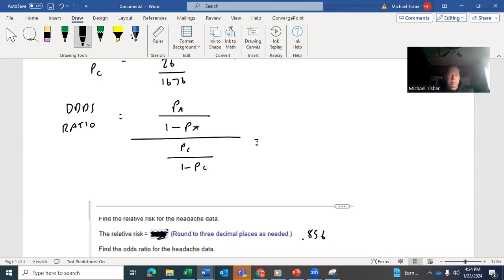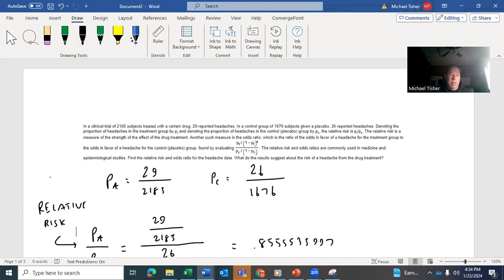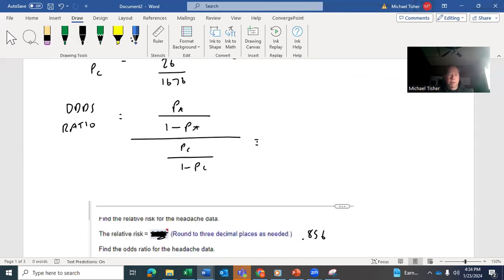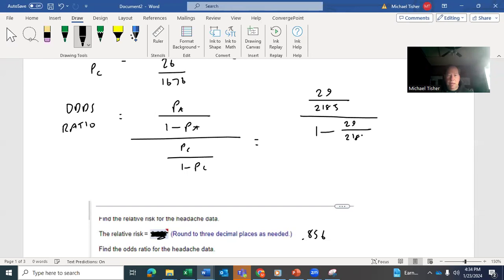So PT once again was 29 over 2185, over 1 minus 29 over 2185.